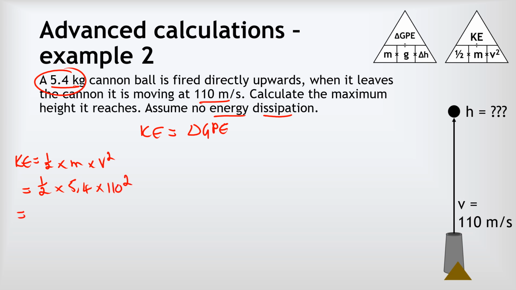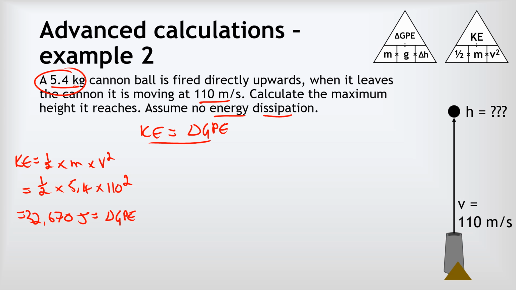And if we put that all into the calculator, that gives us a value for KE of 32,670 joules. Now, importantly, because of this relationship, that value is also our delta GPE. So we can use that in the delta GPE equation to then find our height change.